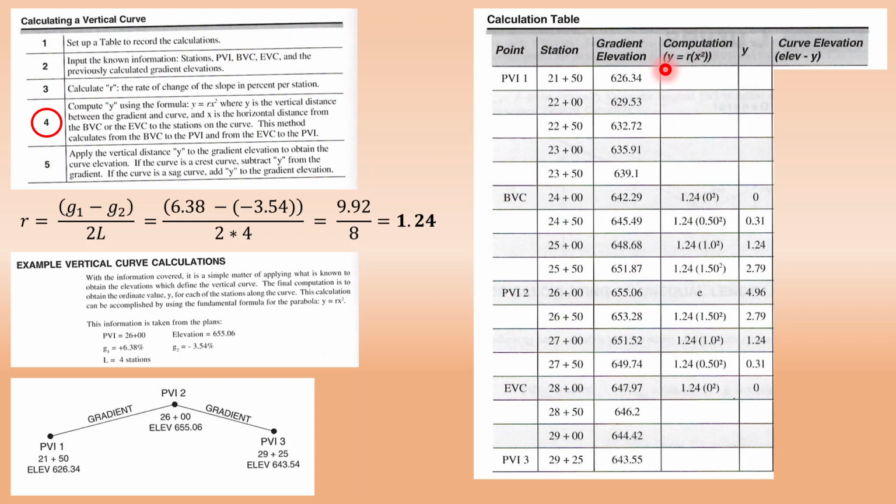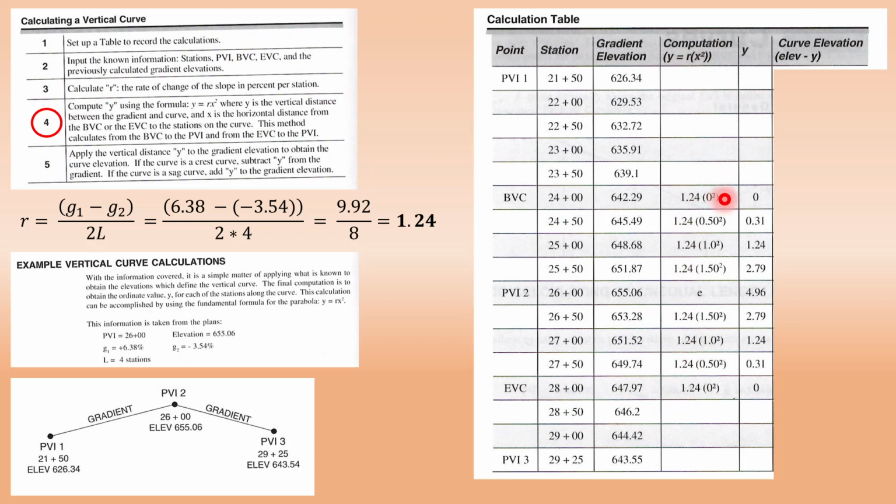So you can see here in your equation, y equals r times x squared. R is the same for all stationing along here. It's 1.24 the whole way down. And your x distance is going to increase from the beginning of vertical curve.